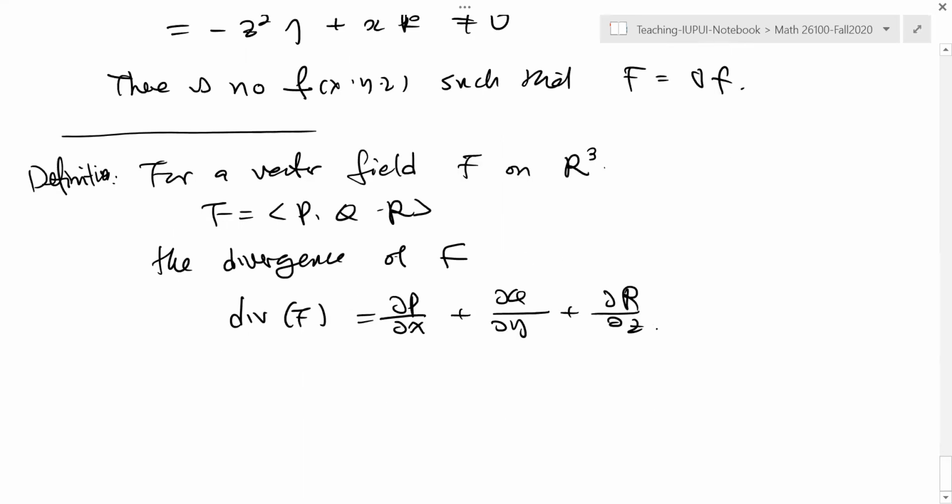Now this is easy to memorize. For the first term you differentiate with respect to x, for the second term you differentiate with respect to y, and the third one you differentiate with respect to z.